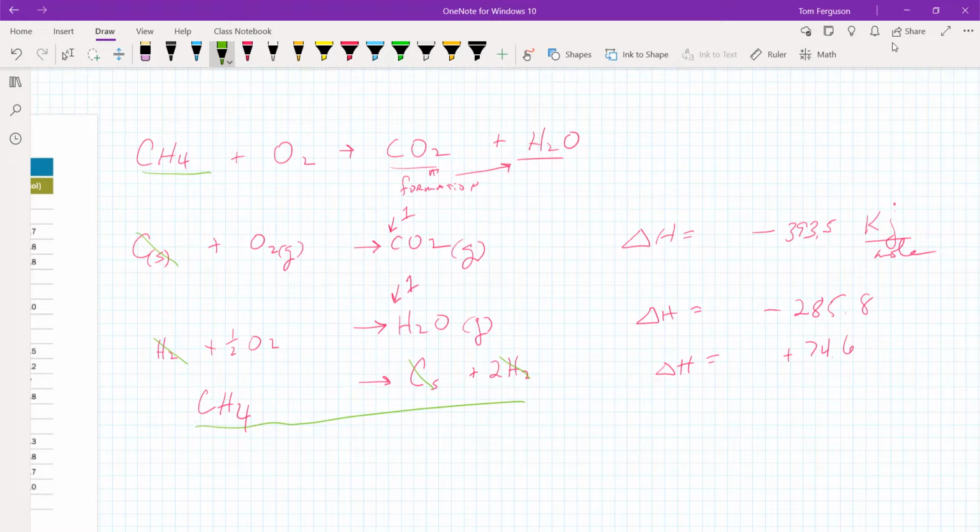Okay, if we algebraically add this up, we're going to get 1 CH4 plus 1.5 oxygens. Oh, this is not balanced.